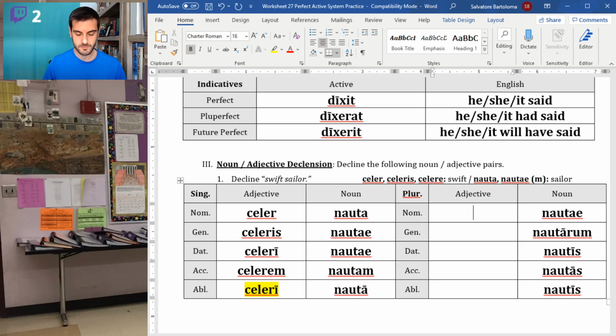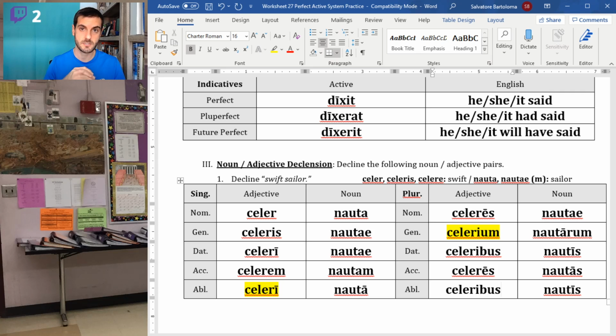My plural, since it's masculine and feminine, celeres, right? Celerium, for my genitive plural, that's one of our i-stem forms, celeribus, celeres, and celeribus. Okay. So third declension adjectives basically follow the third declension pattern with a couple of extra i's in certain situations. Ablative singular, genitive plural.